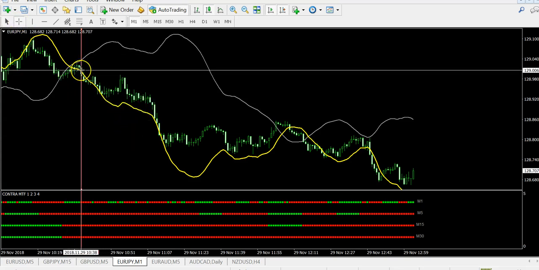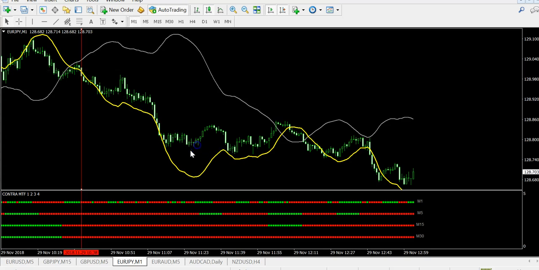Or for scalping, you can trade until here, until these 2 in a row, so you will have about 22 pips. It's not bad for scalping on M1, but M1 mostly you use for binary.